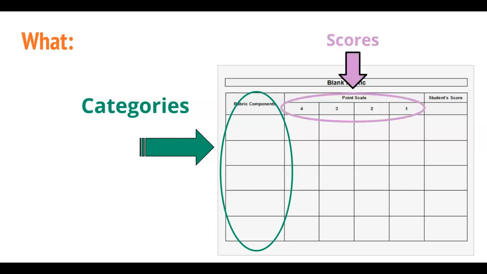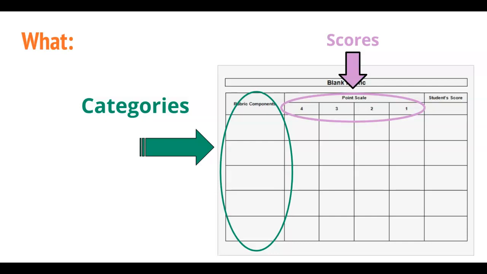Second are the scores. You can see up at the top that our scores move in a numerical value, either increasing or decreasing. I prefer this where we begin with the highest, so you see the 4 level right next to the categories, and then move to the 3, to the 2, to the 1, and so on. My rationale for that is I want students to look at the category, look at the component, and then right away look at the highest score, which in this scenario is a 4, because that's what I want their goal to be.